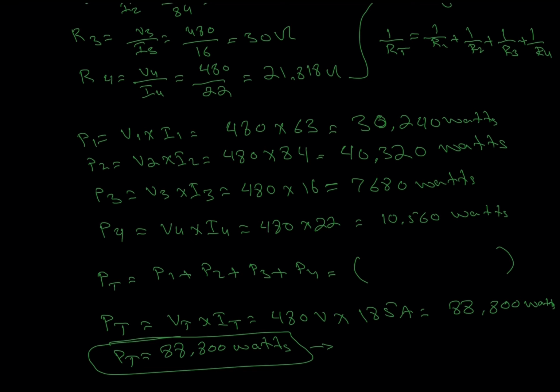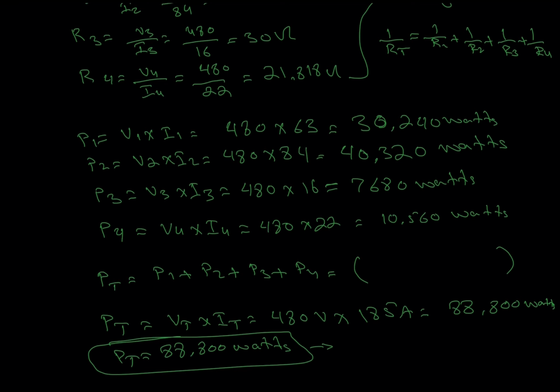Now if we add these together, let's do some basic math. 30,000, 40,000 and 10,000, that's 80,000 there, and 7,000, so 87, and you got some change, so probably ending up with 88,000. Let's check the math here.